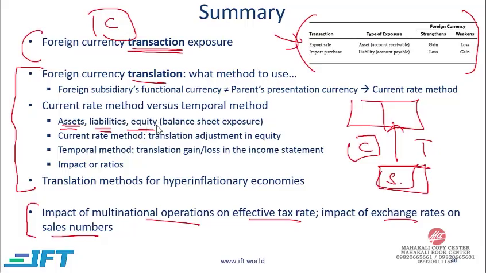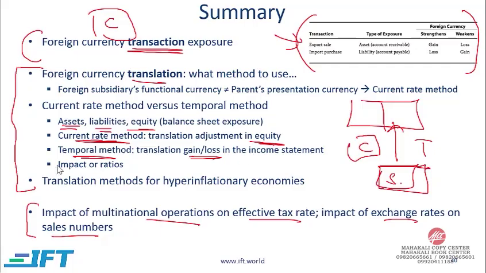But then with the current rate method, the translation adjustment is shown in equity. It is not shown in the income statement. With the temporal method, monetary assets and liabilities are translated at the current rate. Non-monetary assets and liabilities are translated at the historical rate. The translation gain or loss is shown in the income statement.